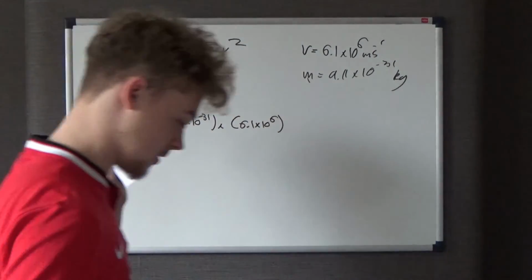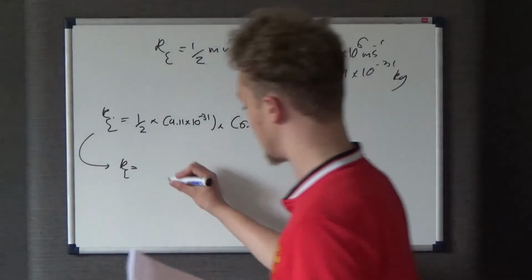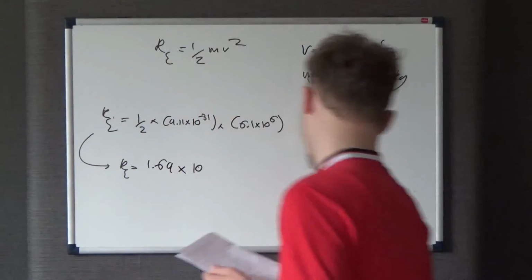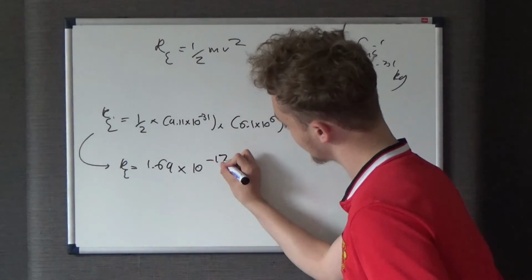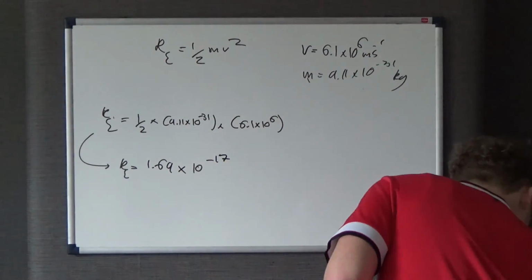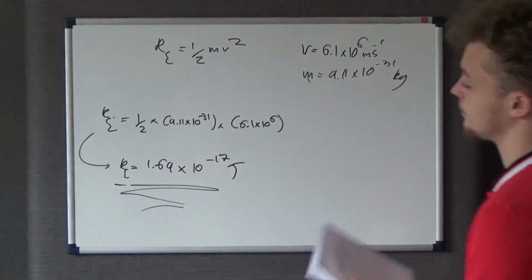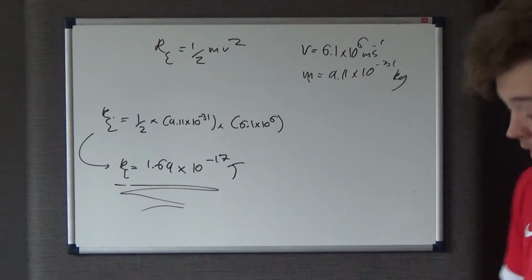So as I whack the numbers into the calculator, you get 1.69 times 10 to the minus 17 joules. As you can tell, I've obviously already done these questions. Okay, so that's your answer to question 4.